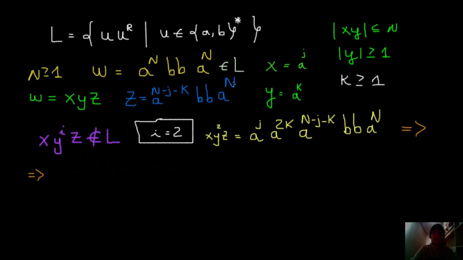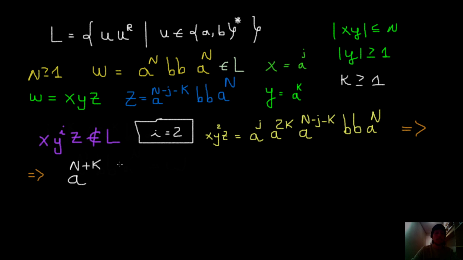So first of all, we see that this j here with this minus j, they are simplified because here I have a plus, here I have a minus, so they are gone. This 2k with this minus k, we have 2k minus k, this is only 1k, so at the end we have only 1k. So here the exponent of a is going to be a raised to n plus k, which is basically 2k minus k, this is plus k, so this is the other exponent that we see here as a base a.